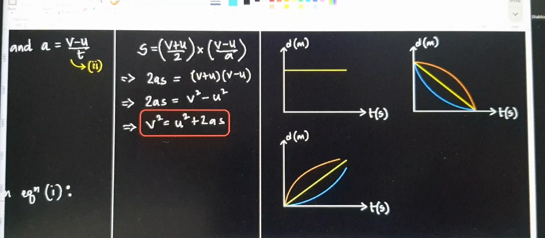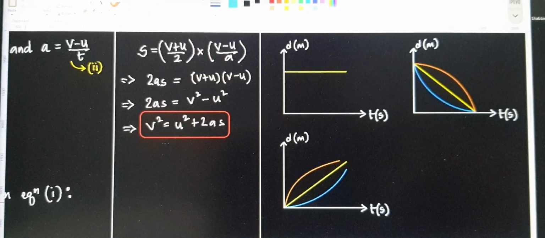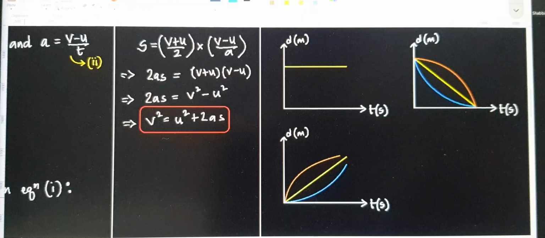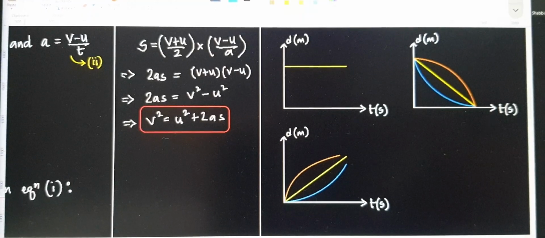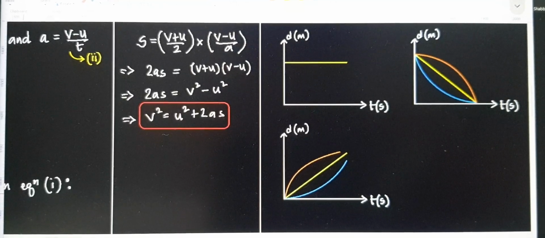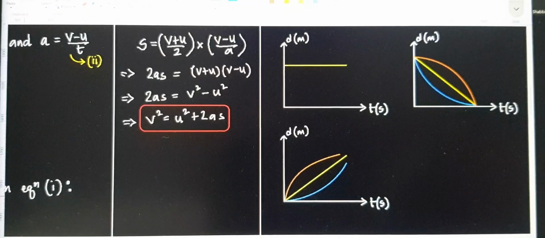This does not only apply to motion graphs, it applies to every single kind of graph out there. A voltage current graph can also have such a shape, right? A temperature versus time graph can look like this. So these are my 7 basic shapes. But what this line represents will depend on your axes.